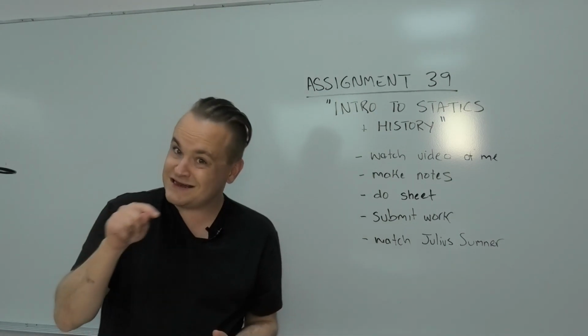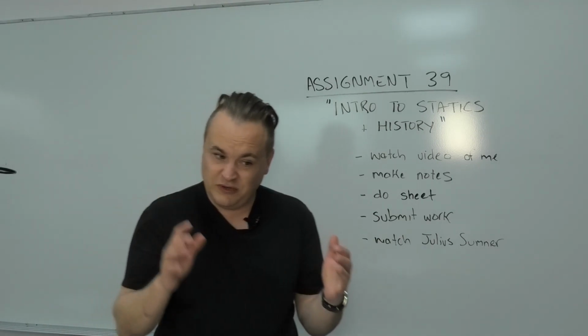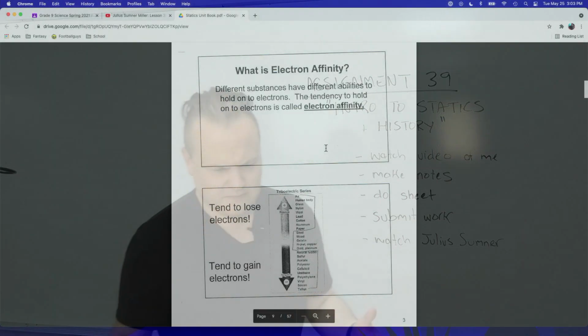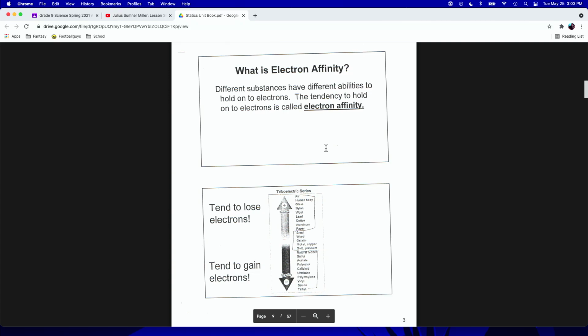And if you look at the document here, this is a really great chart. Let's take a look. So right here, you can see that I'm going to move my mouse. These kinds of things tend to lose electrons, so you can see they become more positive. And these types of things tend to gain electrons, so they become more negative. And now, some of the things that we're going to use are glass.